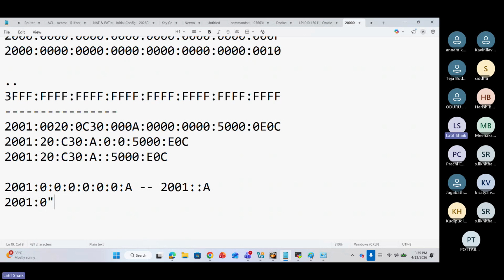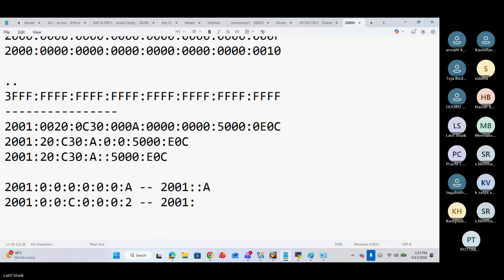And of course, there are conditions. For example, you have two zeros, then some number, then three zeros, then another number. What to do?